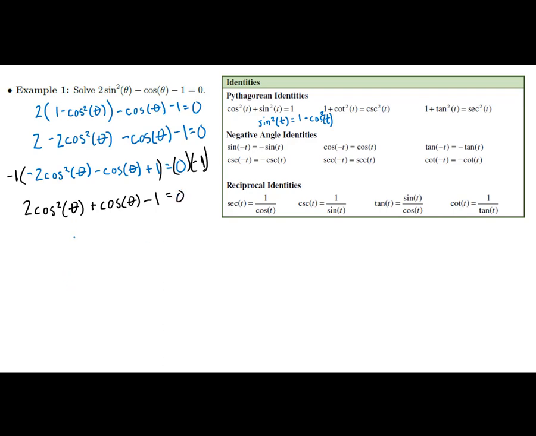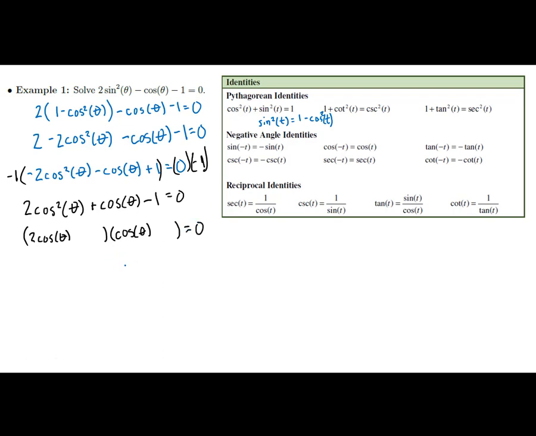At this point, this is definitely the type of problem that is quadratic in form, and so you have options. We can try to factor it. If you're suspicious that factoring might not work, you can always use the quadratic formula. I think it's always nice to take a shot at factoring it. If it does factor, it would have to have the form 2 cosine theta as the first term and cosine theta as this term, equals 0.